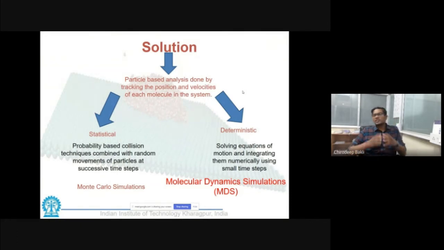To see the molecular picture, we need to go for a particle-based analysis. Instead of trying to look at the whole fluid interface, we take certain particles at the interface and try to see how they evolve. So we take the wedge of Hu and Scriven and try to see, if this is composed of certain particles, how these particles would behave given a particular set of conditions.